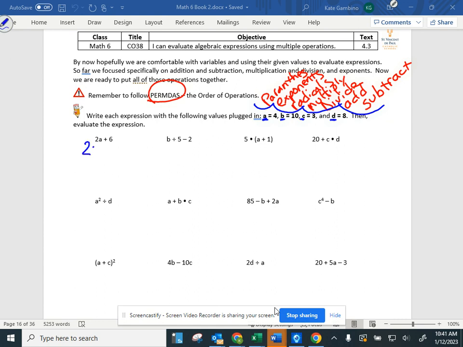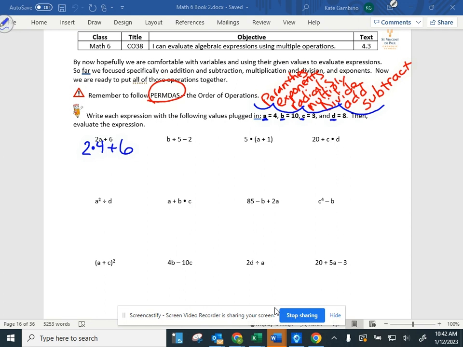You cannot forget that. It's 2 times 4 plus 6. So when you have that coefficient next to your variable, remember you can't just take out the operation. There's an operation there. That's the big kid math. We know that it means multiply even though it's not written out.